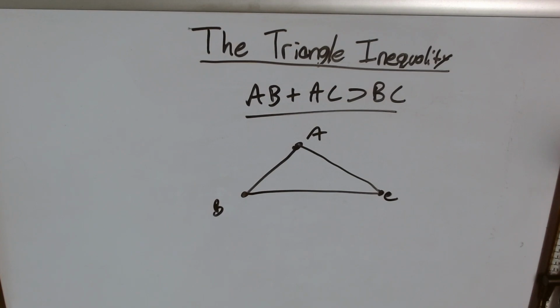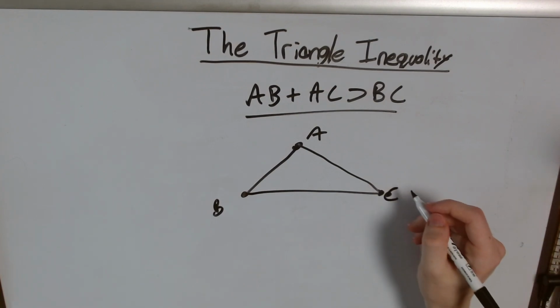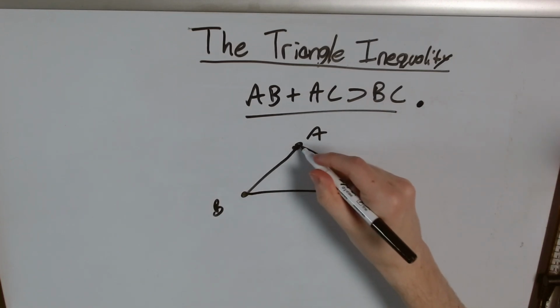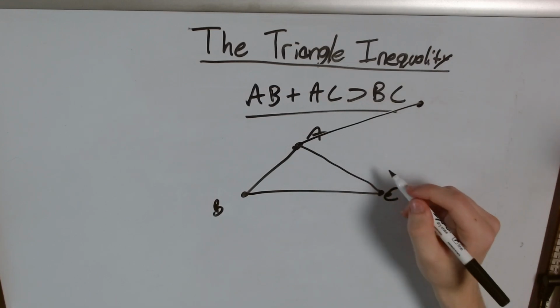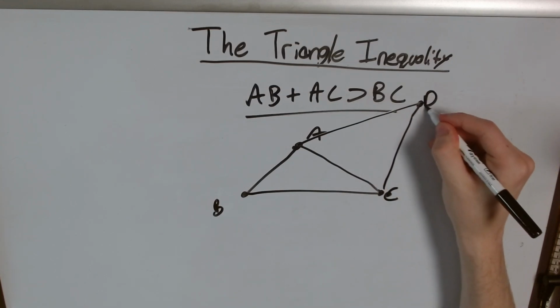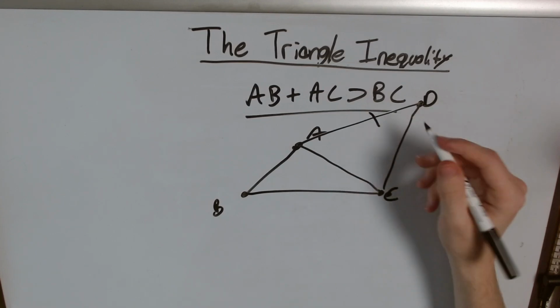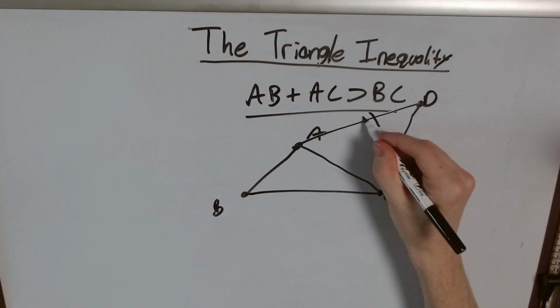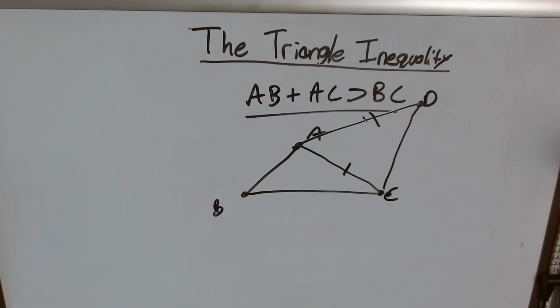I'm going to call it C. And now let's say I want to extend BA to point D. So I essentially form an isosceles triangle. So AD and AC are equal. And of course I'm going to join C to D. So I essentially tacked on another triangle.